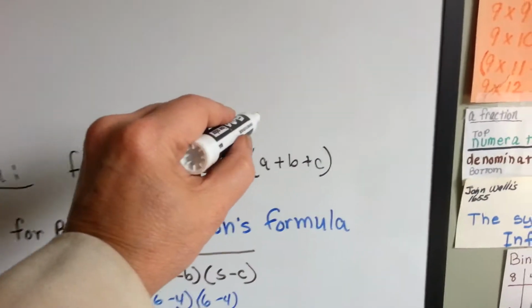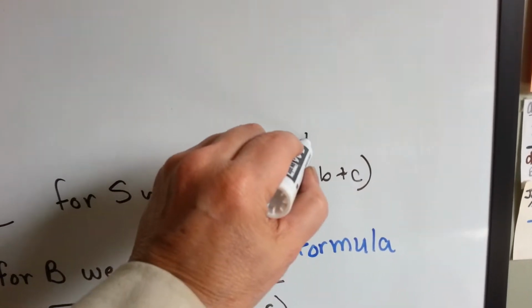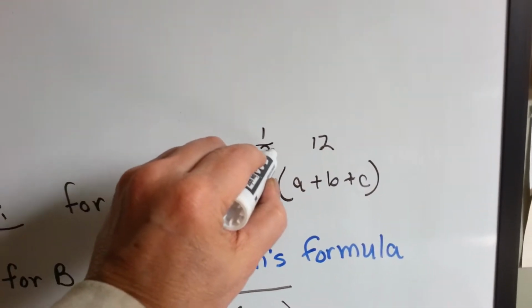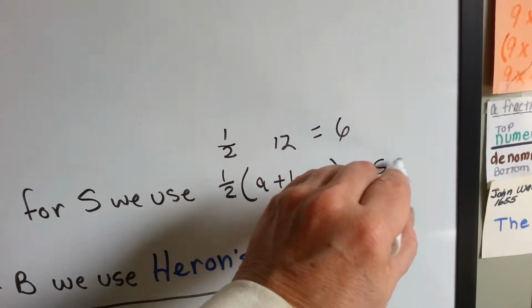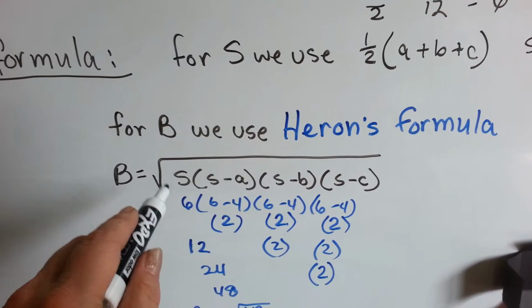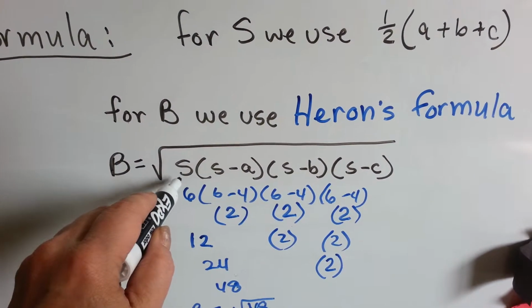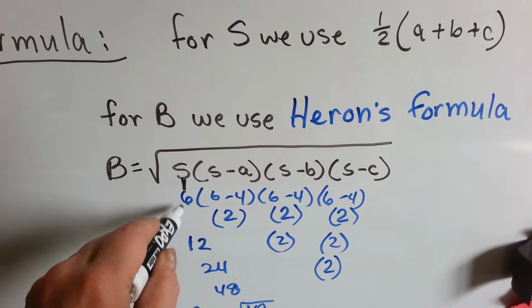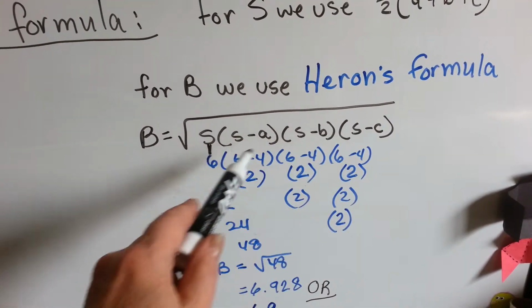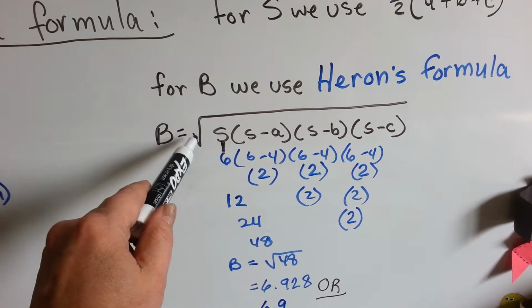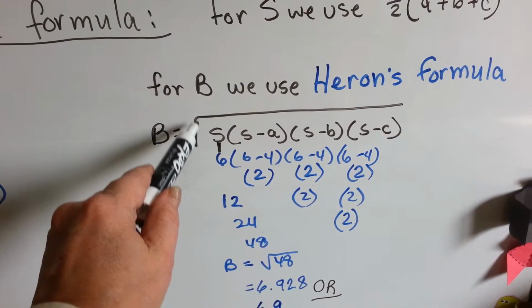We know that A plus B plus C is 12, and we're going to do half of that. So now we know S equals 6. So in here, the S is a 6. It's 6, and then we've got it again and again. So, keep in mind that this is inside of a square root sign.